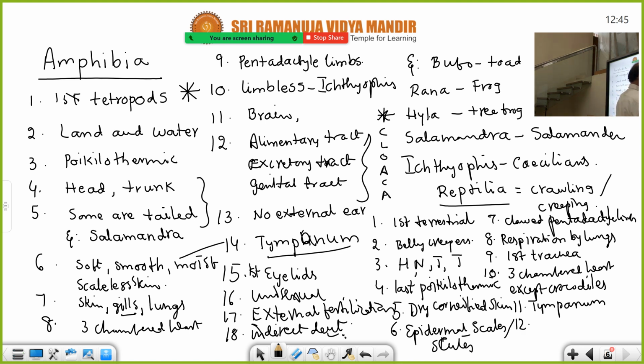And eyes with eyelids here also present. Besides that, the kidneys are very well developed when compared with previous ones. Amphibians are ureotelic, but reptiles and birds are uricotelic.